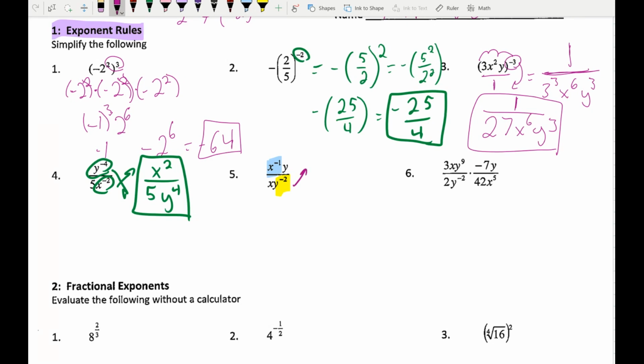So by switching these up and down, I end up with y, that was already there, times the y squared. Remember, when we have these two things right next to each other, we're multiplying. And then we have x times x to the 1. We can combine these because y times y squared is y to the third. And x times x to the 1 is really saying x to the 1 times x to the 1, which is x squared.